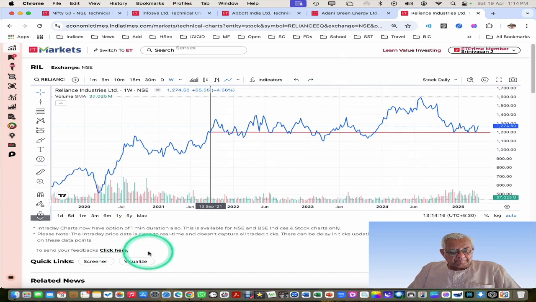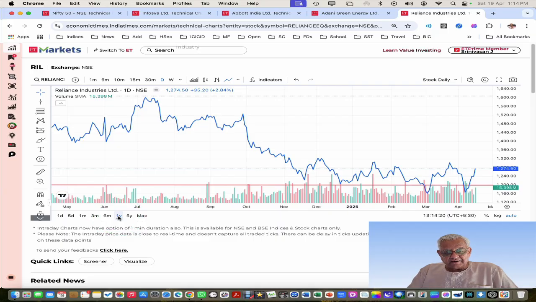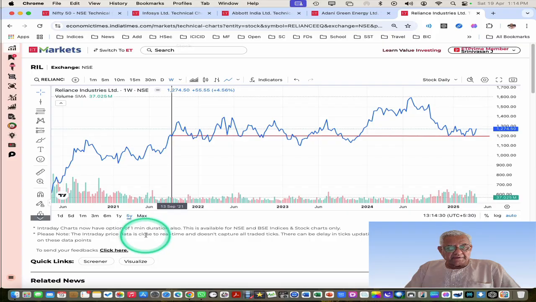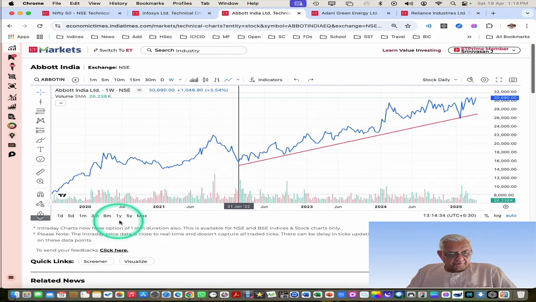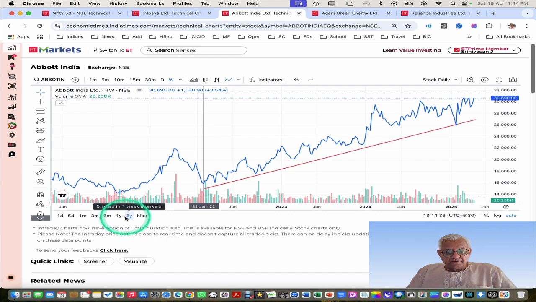By having a different perspective on every chart, if you look at the 1-year chart, it has come down and now it is floating around its historical average, which is signified by the 5-year. If you look at Abbott, if you look at the 5-year chart, you can see it is clearly going upwards.